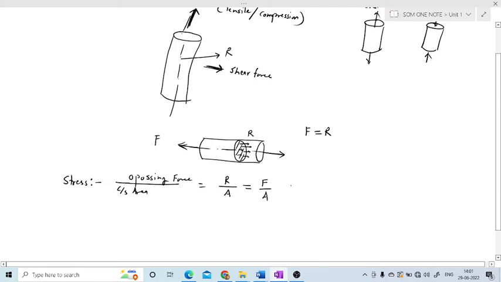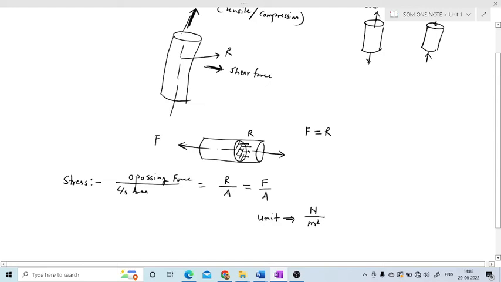Now if I consider this as the formula, then we can write the unit. How to write this unit? Here we have force, and the unit of force in SI is Newton, and the area means length into width, so it will be meter square.